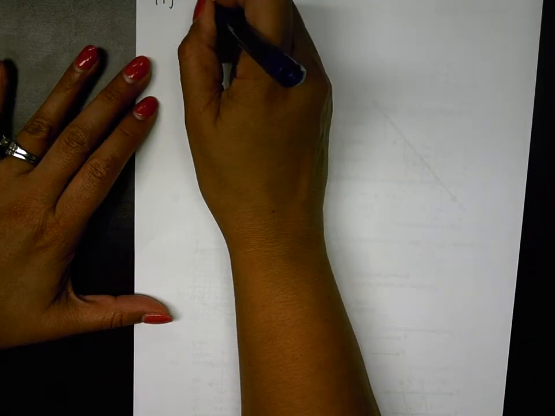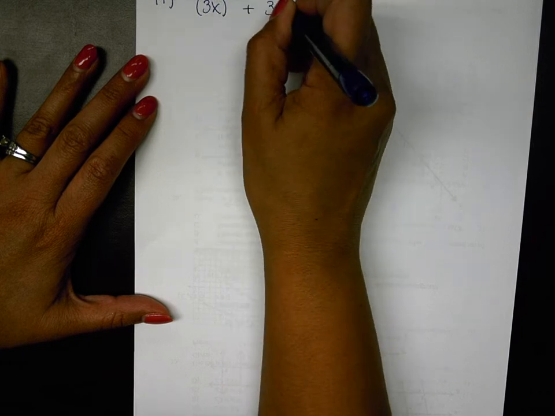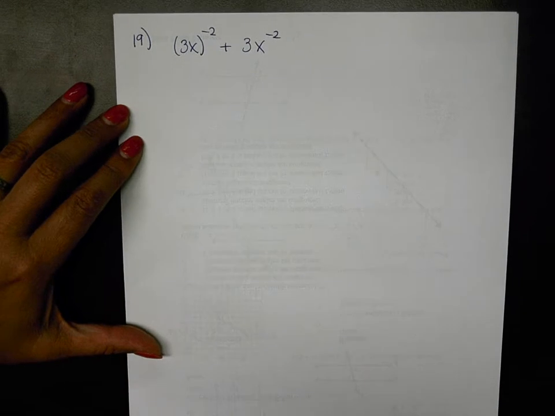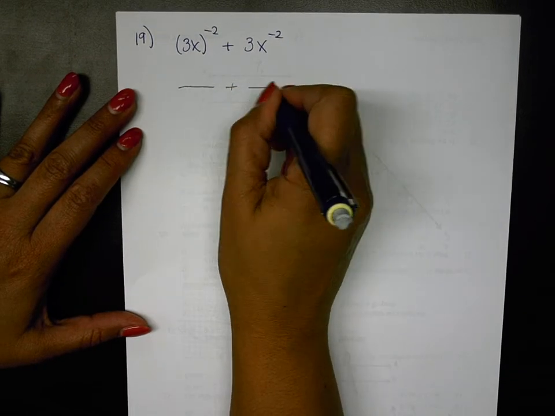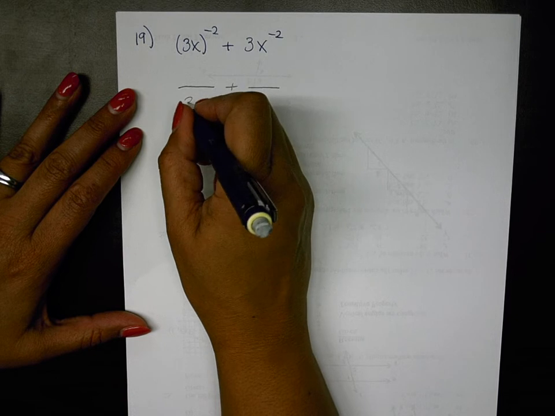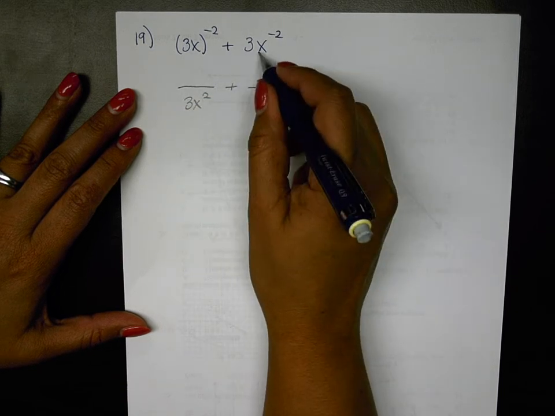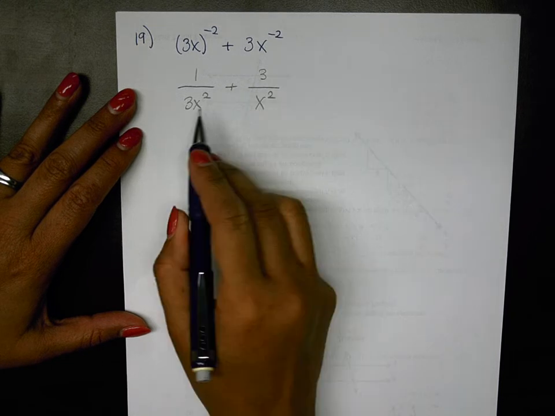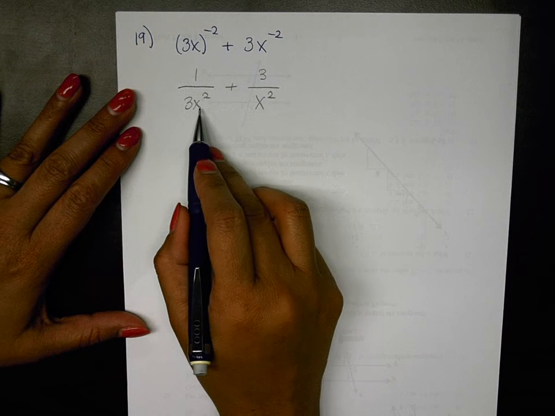Parentheses, 3x close parentheses, negative 2, plus 3x to the negative 2. And remember, we have talked about parentheses in notes and in class. If it's in parentheses, the whole thing moves to the denominator. And here, the 3 stays. Now, I did purposely write this part incorrectly because a lot of kids mess it up and they write it like this. They move this down, just the x squared.